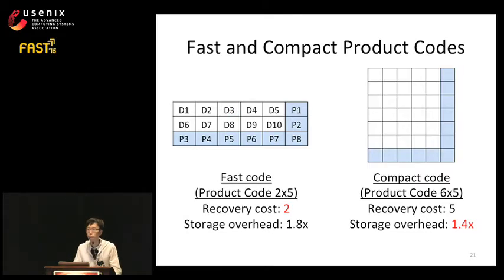On the contrary, we also have a compact code which uses a larger matrix to get lower storage overhead at the cost of higher recovery cost. Here we use the 6x5 product code, which can effectively reduce the storage overhead to 1.4x at a recovery cost of 5.